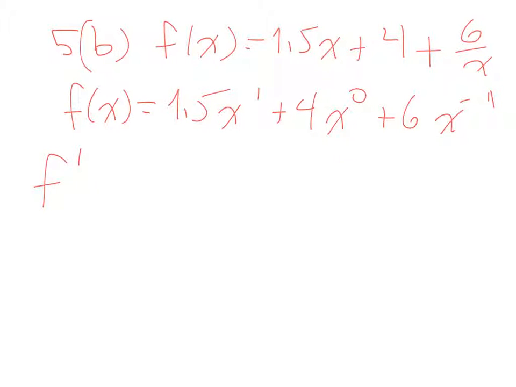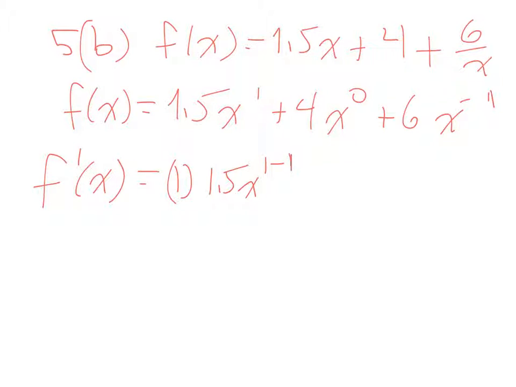Derivative notation, f prime of x. Okay, I'm going to take the 1 down front, multiply it times the whole term, and then I'm going to take away 1 from the exponent to find the derivative. That's the power rule. So I got 1 times 1.5x to the 1 minus 1 if you want.